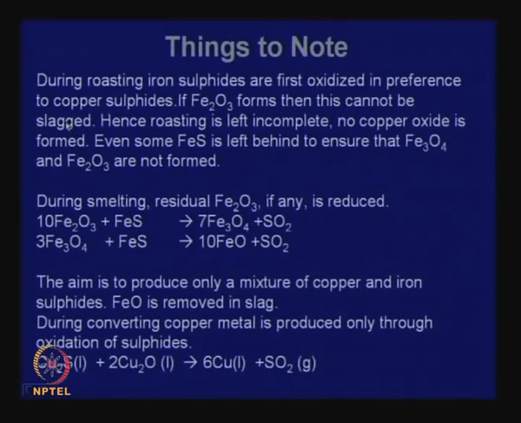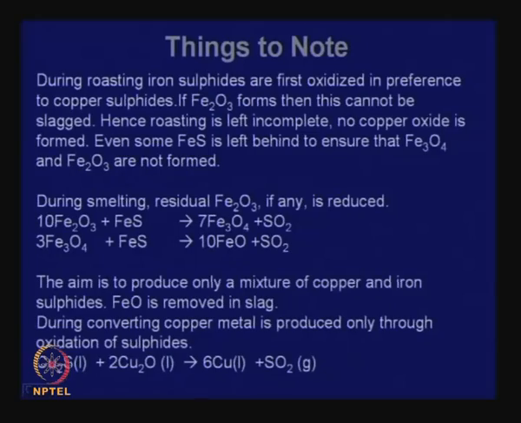It does not dissolve in the slag that you are creating by adding limestone, quartz, etc. And the gangue, there is a slag phase, Fe2O3 does not dissolve very well, but FeO does. So, the iron sulphides will be oxidized only up to the FeO stage, not beyond.